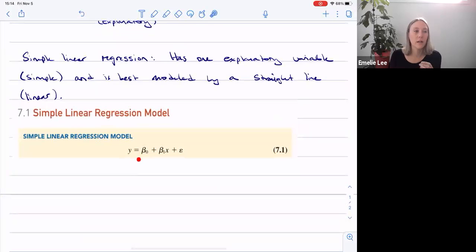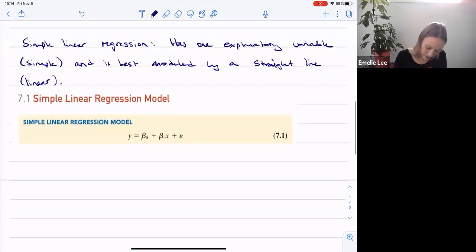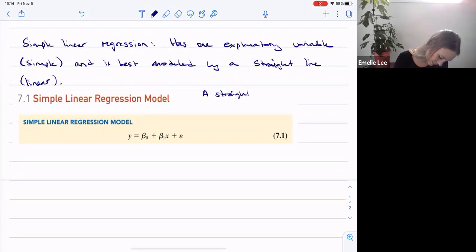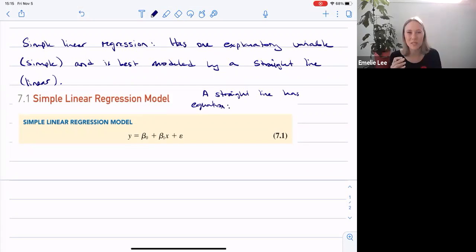So here, for the population, what we're going to have is this nasty looking model, but once we pick it apart, it's not going to be that bad, right? If you haven't done any regression before, you might have to go back into the memory files, but you might remember that a straight line has equation, generally we like to use y equals mx plus b.